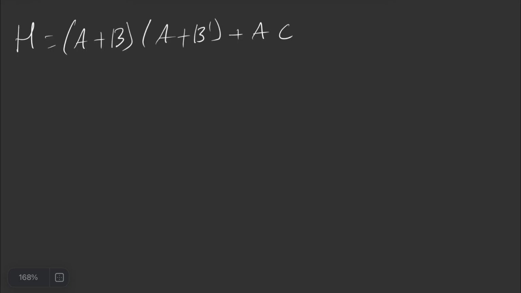So we'll be doing our third and final Boolean algebra simplification question. Right now we have (a or b) and (a or b prime) and a and c.